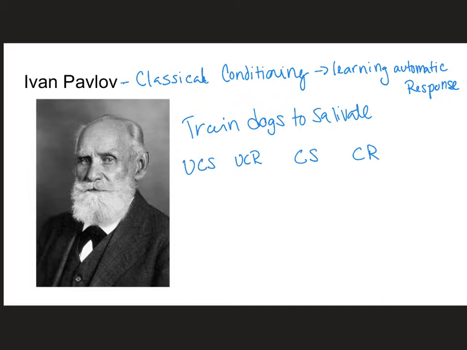So for Pavlov, the unconditioned stimulus was the food, and the automatic response that you will have is you're going to salivate. And then if you pair the food with a bell, the dogs will learn to eventually salivate to the bell. And so the bell is actually what we call a neutral stimulus.